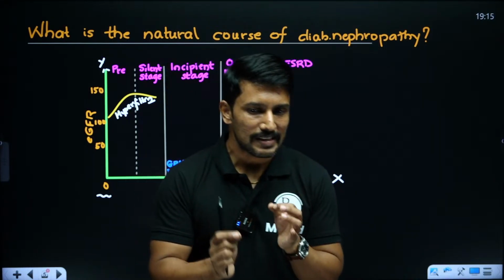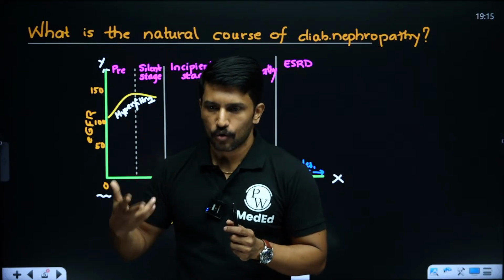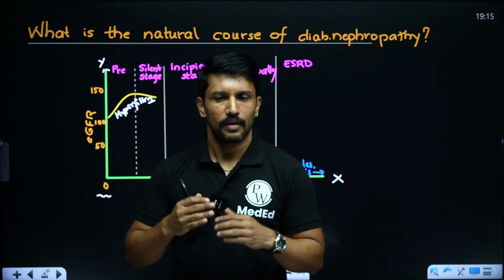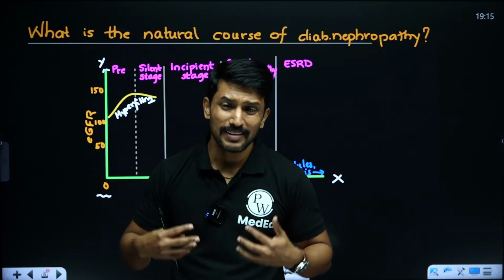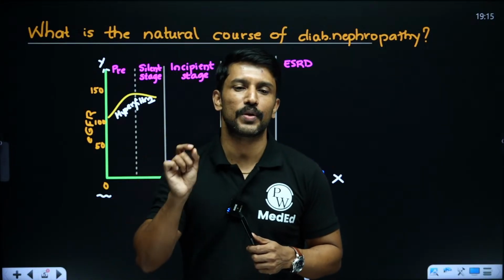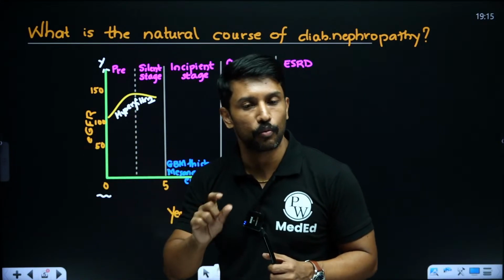Okay, please remember, as there is more amino acids or glucose filtered during the glomerular filtration, the kidneys have to do more work. So there is hyperfiltration, and hyperfiltration is known to cause the injury to the glomeruli. So this hyperfiltration starts causing the glomerular injury.